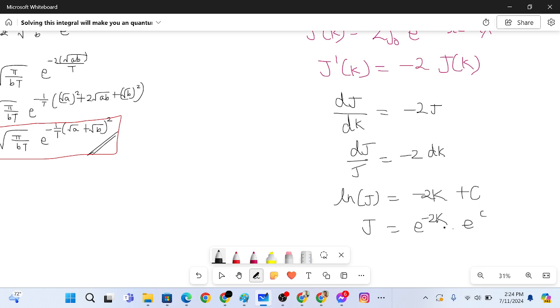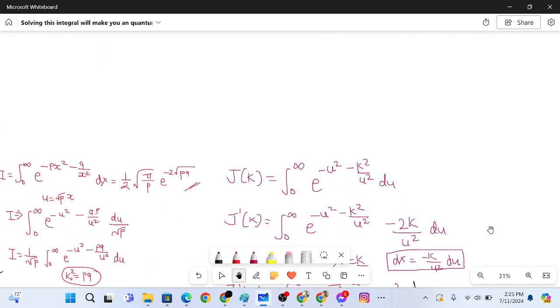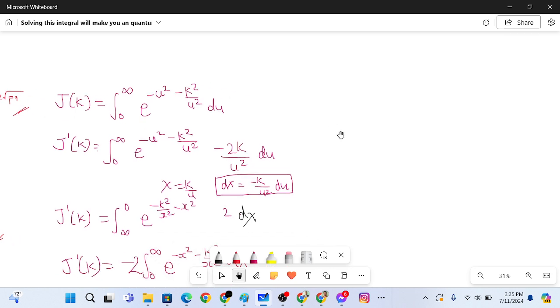Now to find the value of e to the power c, what you can do is, if you put k equals 0, we get J of 0 as the popular Gaussian integral, e to the power minus u square du.